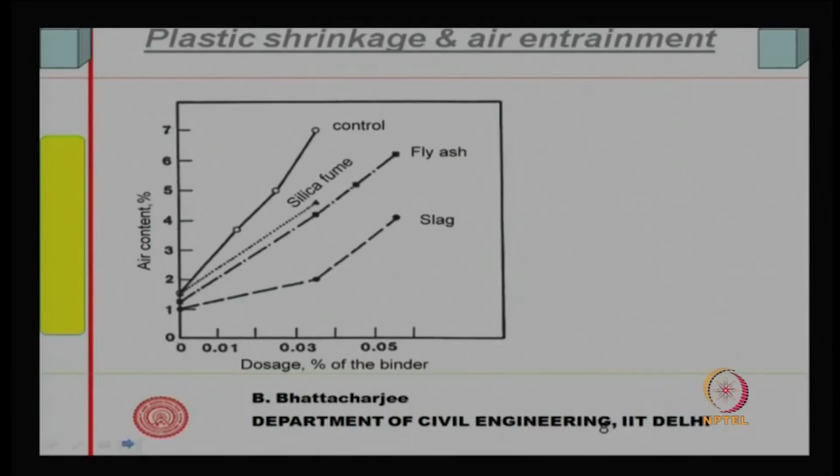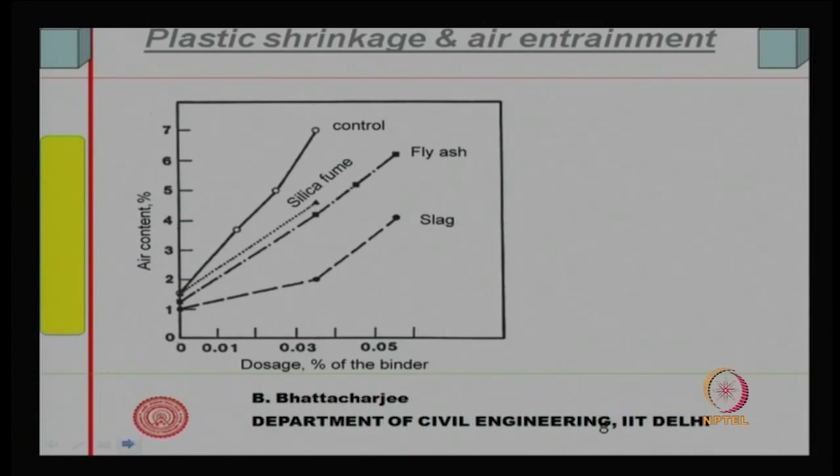If you look at plastic shrinkage, well, when we add water to the cement system and the cement paste is formed, it occupies somewhat less volume than the original overall volume. There can be certain shrinkage in the plastic state itself, and we can see that this gets reduced.